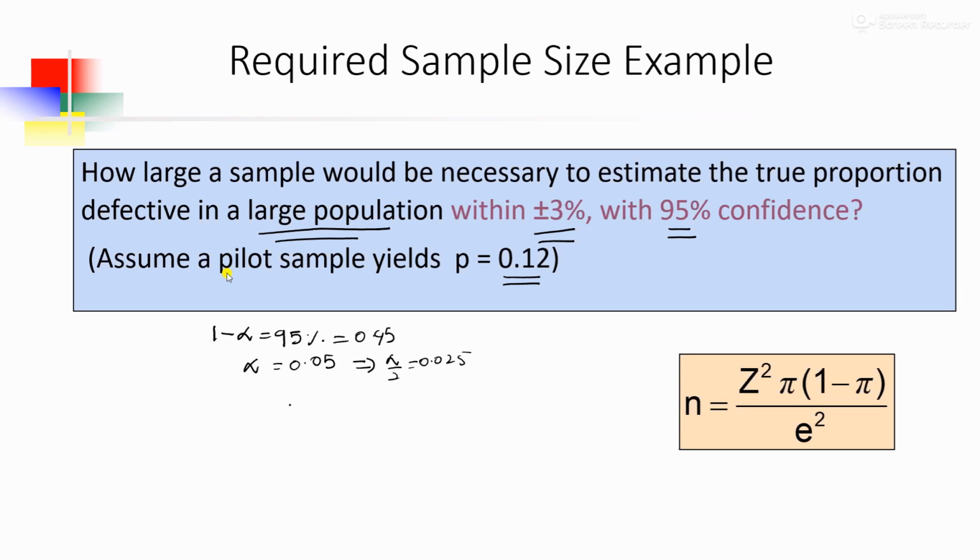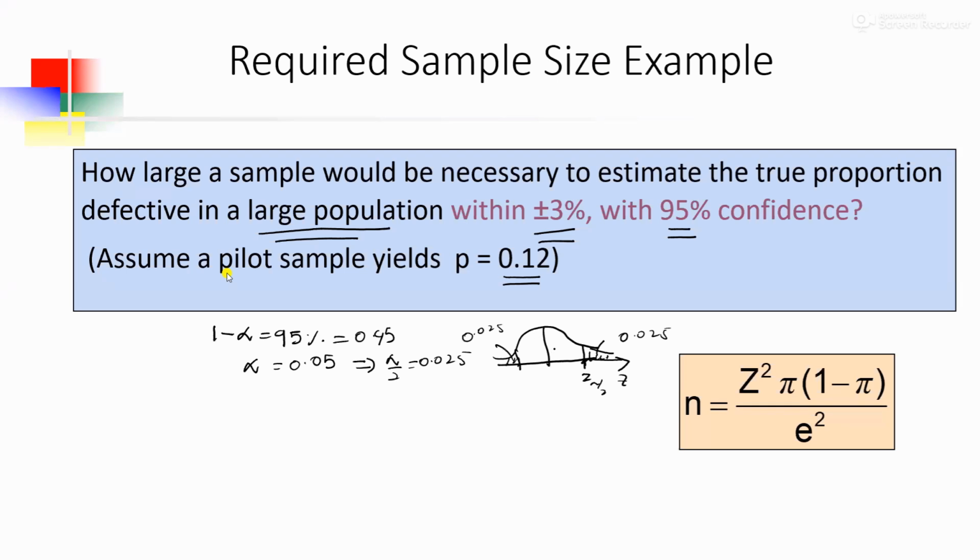From this, alpha by 2 is 0.025. So from the table, if we plot in the diagram, this is Z alpha by 2, it is 0.025 and this is also 0.025.